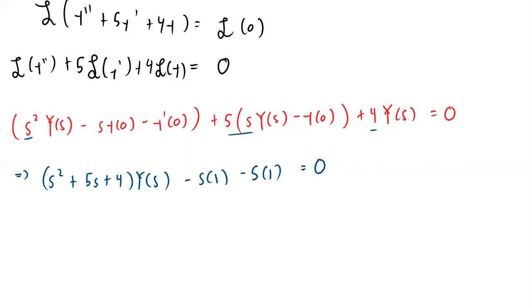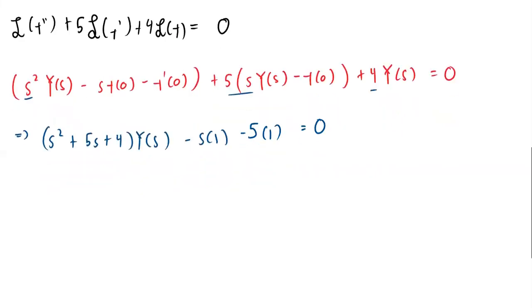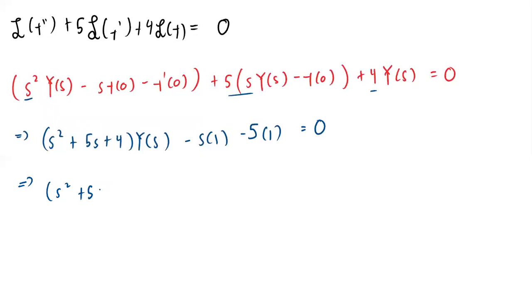Now solve for Y of s. First move everything that's not being multiplied by Y of s to the other side. So we add s plus 5 to both sides. And then finally, you divide everything.